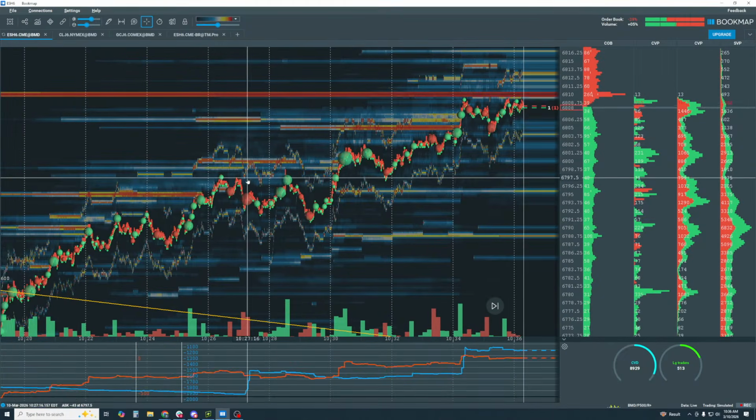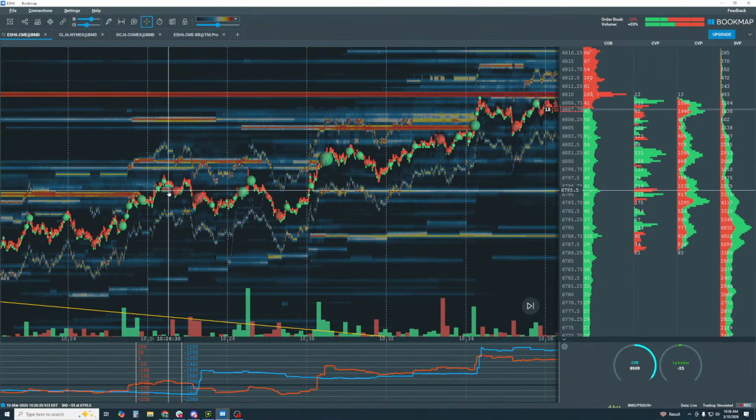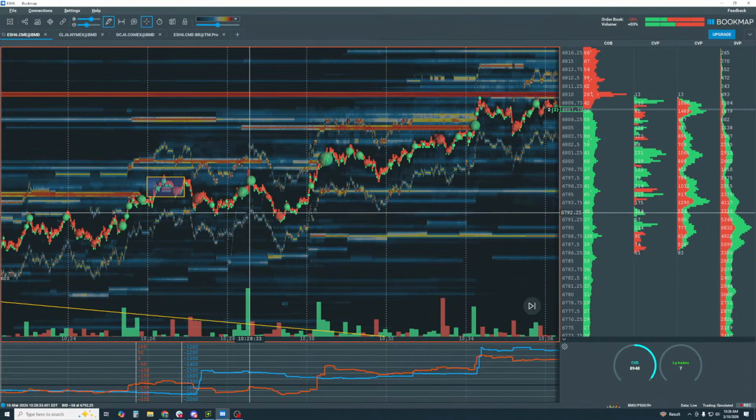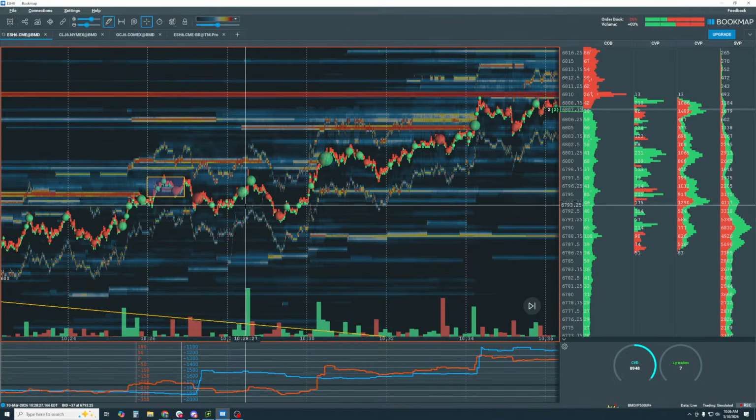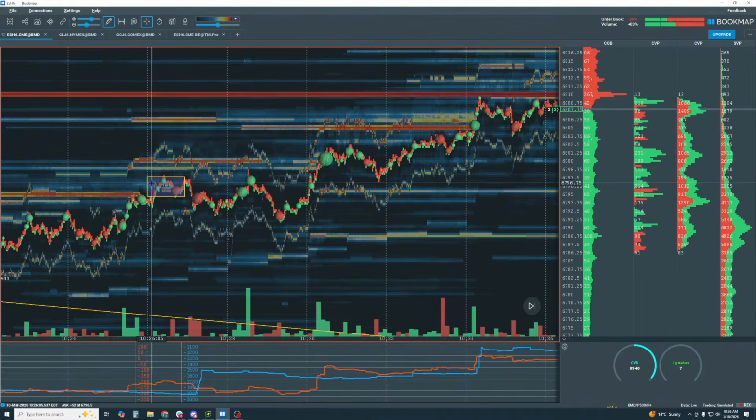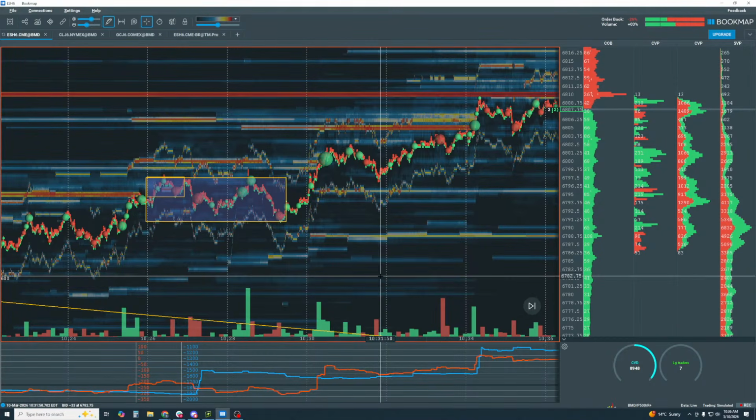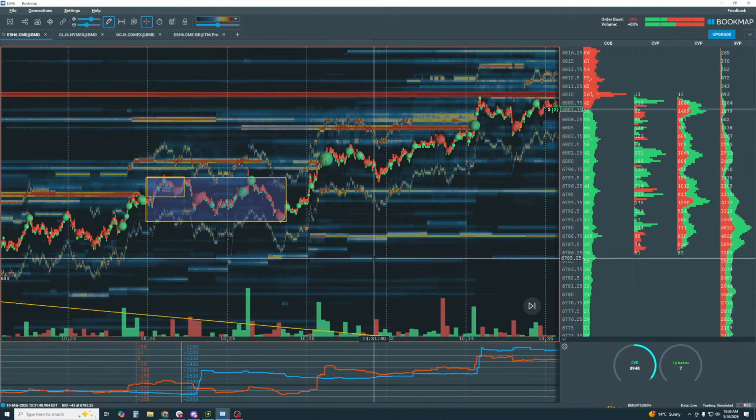This is what we were looking at earlier. Remember the sellers took these guys on here, this high liquidity right here. Okay, so just keep these things in mind. These are nice little order flow events that can be useful because we're looking for chop after that, and that's what we got.